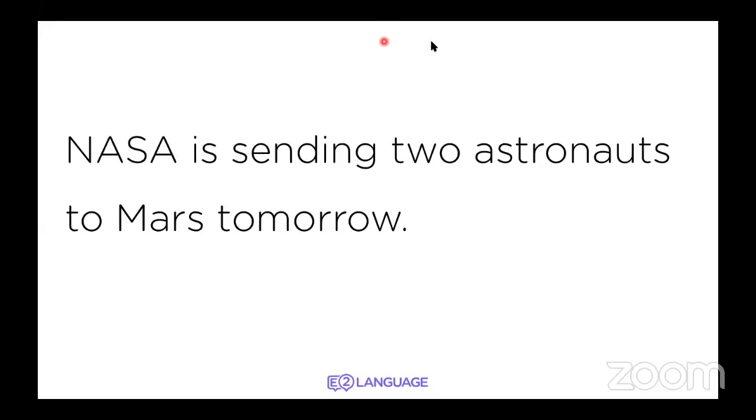This is a bit of a trick, because the verb that refers to the present is sending. However, because we've used this time reference here, tomorrow, this one can actually refer to the future. For example, I am teaching now. I am teaching tomorrow. I am teaching next week. We'll look at that in a second, but this is a present verb, but it can be used to refer to the future as well.